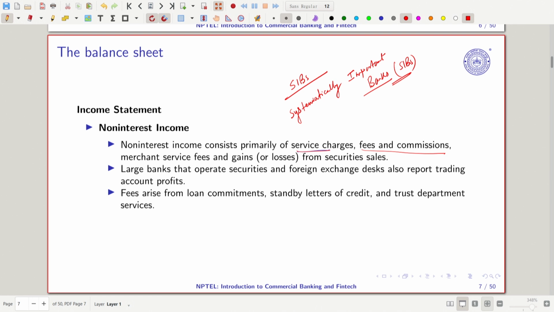These are banks which are really big in size. If something goes wrong with these banks, there will be a catastrophic impact on the rest of the sectors or economy. So in the case of banking, it is not systematically, it is called systemically important. Let me just correct it here. It is called systemically, not systematically.